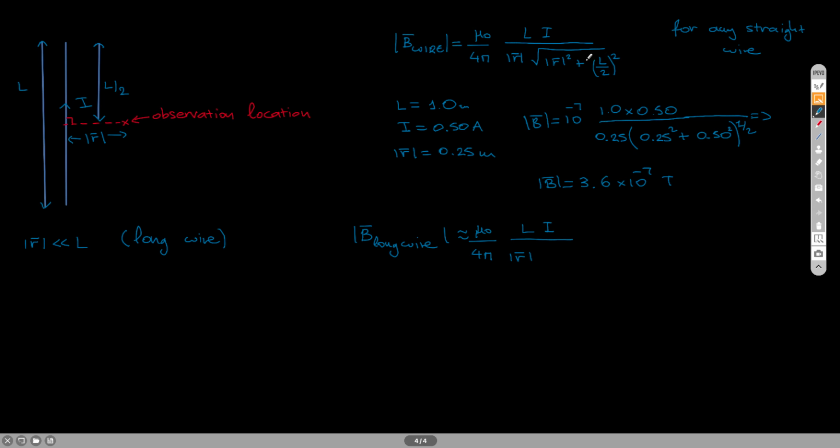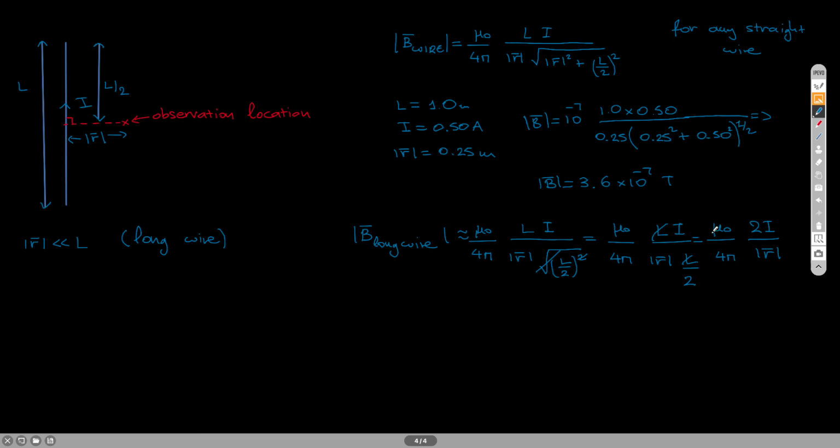It doesn't contribute anything to the sum if this is tiny. So I'm going to leave the square root of L over 2 squared, but the square root with the square goes away. So I have L, I, R, and then L over 2. This L with this L will cancel out. Mu naught over 4 pi, and I'm going to bring the 2 into the numerator: 2I over R.